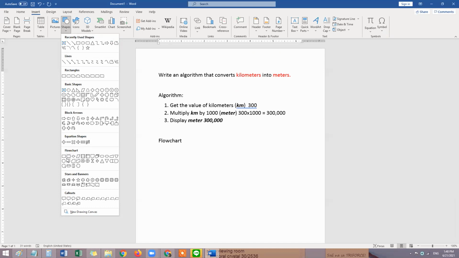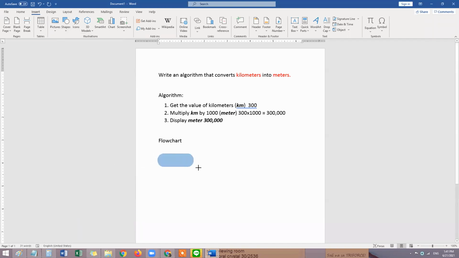So again, what shape do you need when starting a flowchart? Is it parallelogram, oval, rectangle or diamond? We use an oval one.